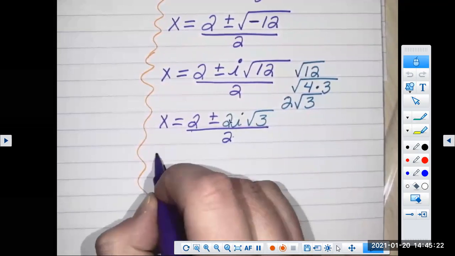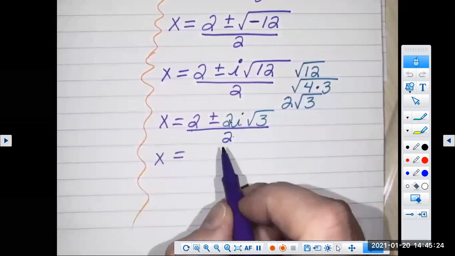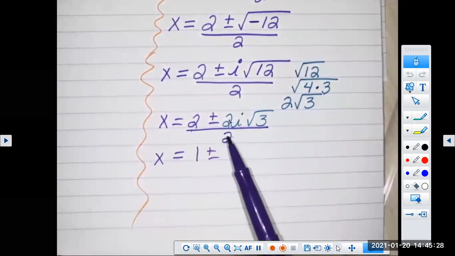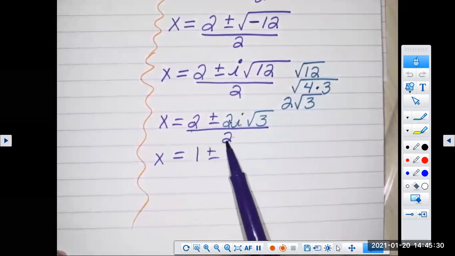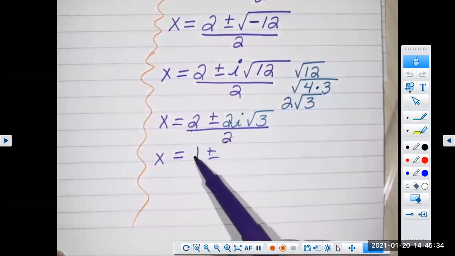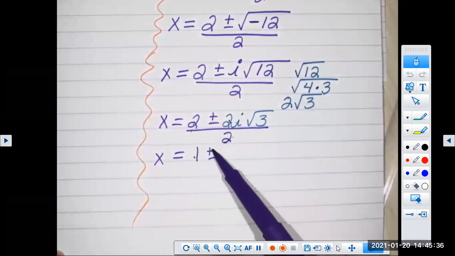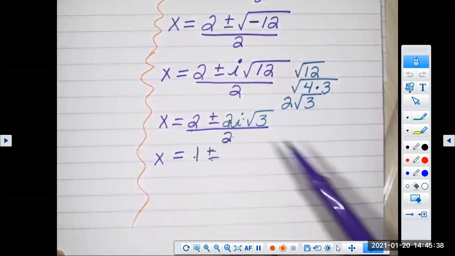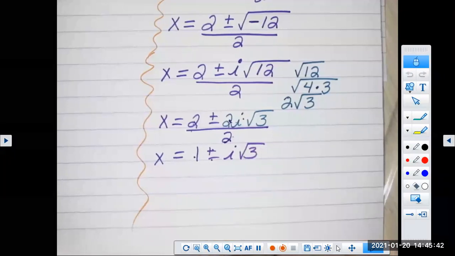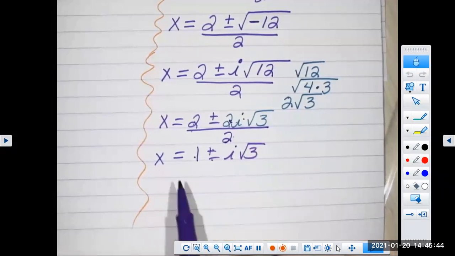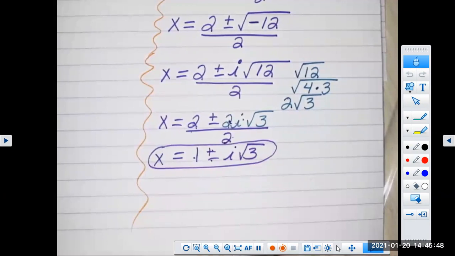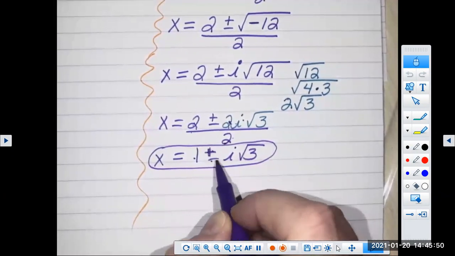So if I divide everything by 2, or the way you can think about it is the numerators share this denominator. So divide 2 by 2, get 1. Bring down positive negative, divide 2i by 2, and you're going to get 1i, and then leave √3. So that's your final answer. 1 plus or minus i√3.